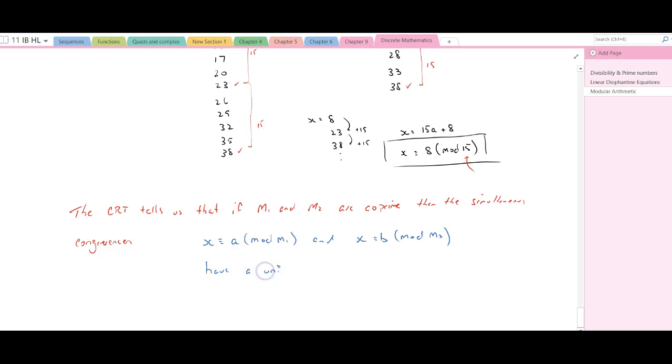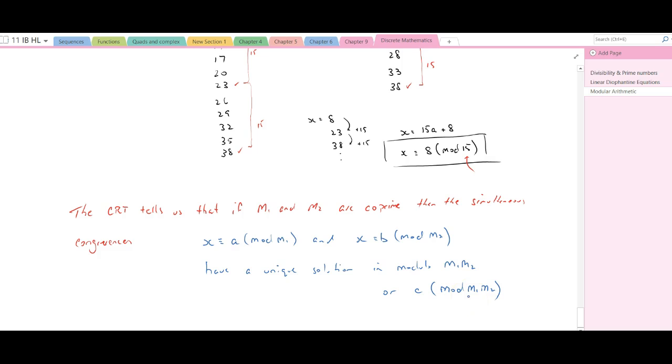have a unique solution in modulo M1 M2, or it will look like this. It'll look like C mod M1 M2, so the product of them.